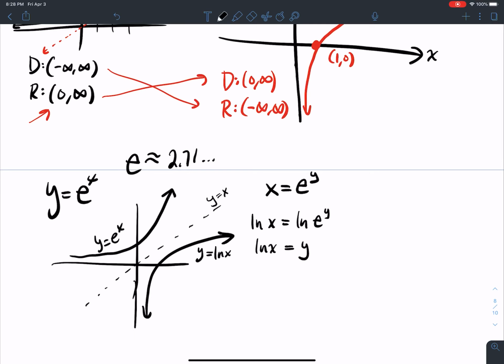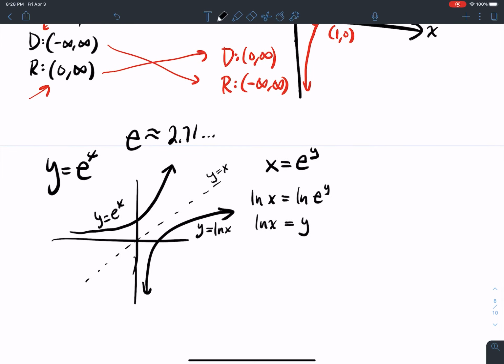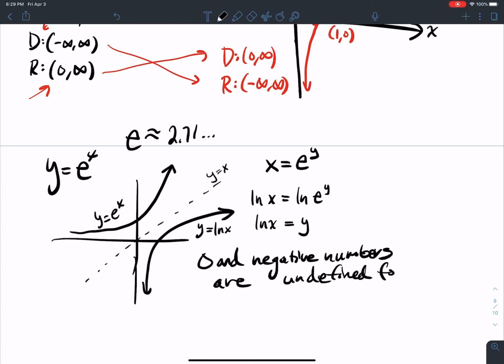One thing to note is that 0 and negative numbers are undefined for logs. If you think about it, the domain here is only positive numbers.